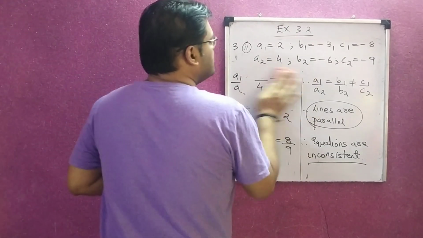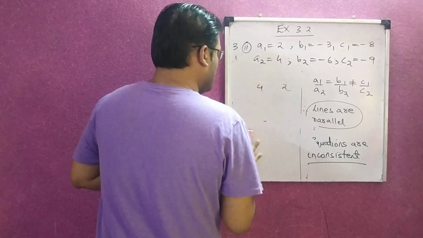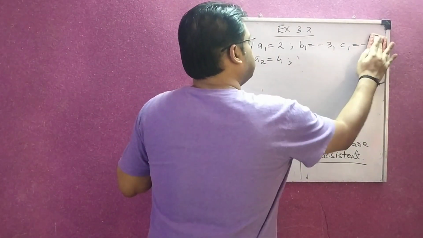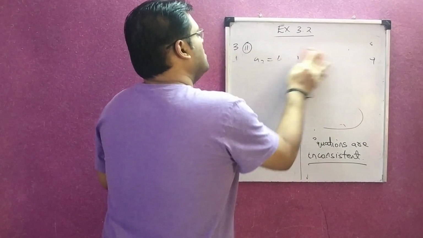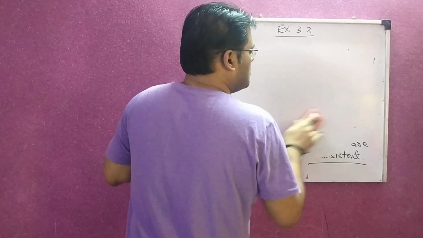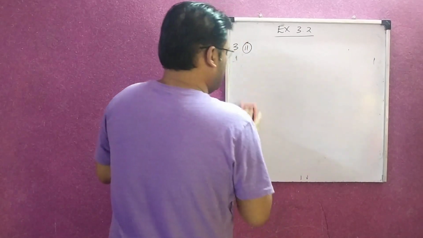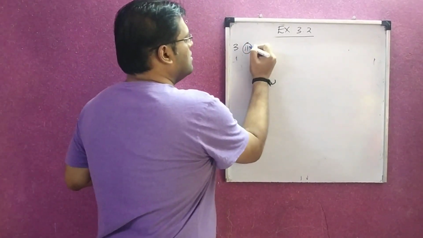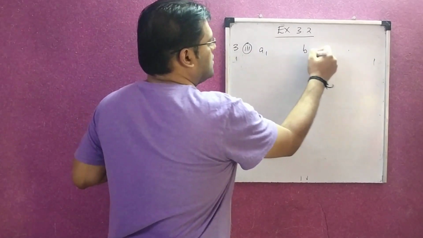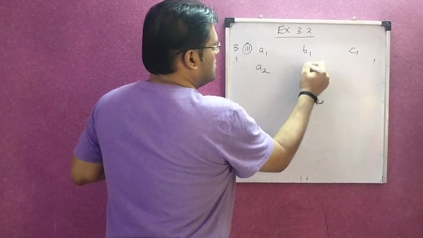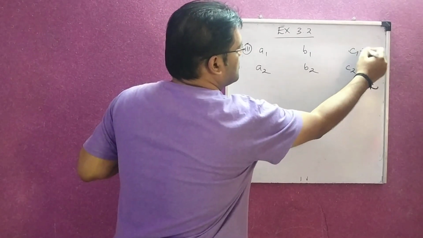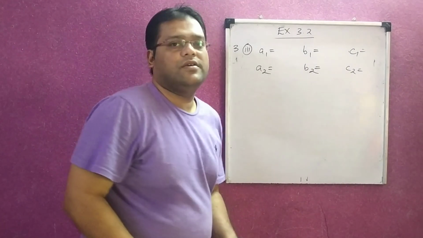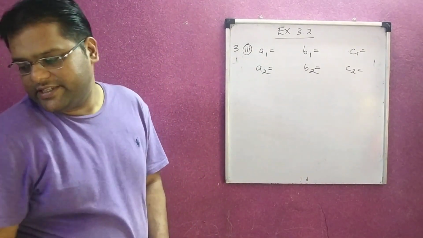Okay, look at question number 3. Okay, first A1, so I can say 3 upon 2.